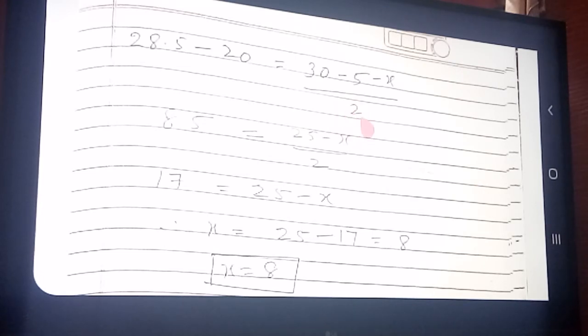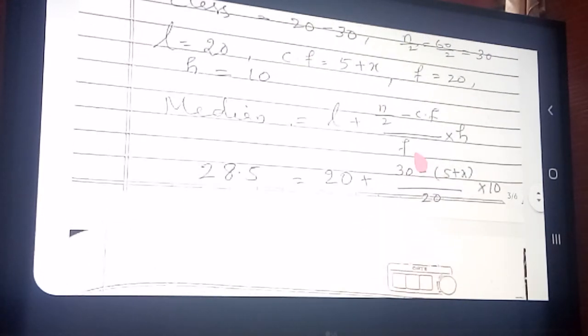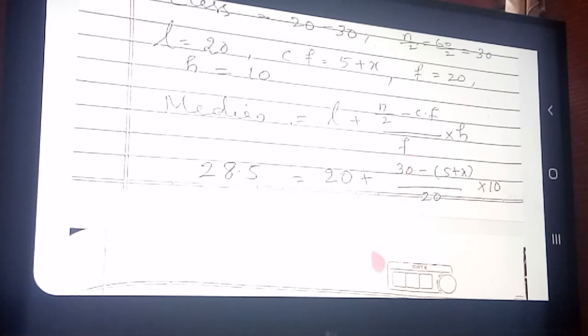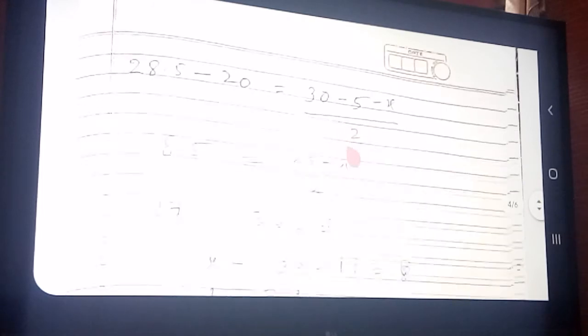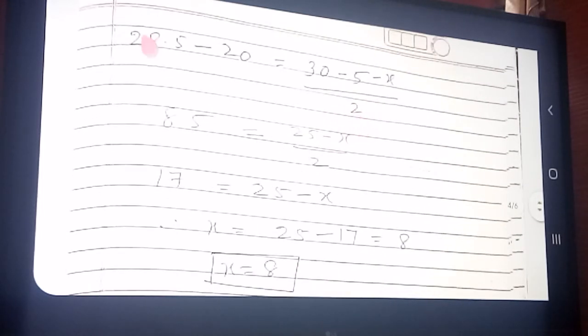Previous page once more. So here this 0 and this 0 cancelled, that is why here 2 came. Okay, sit down now. 2 came, okay. And now 28.5 minus 20 coming. This 2, how came?